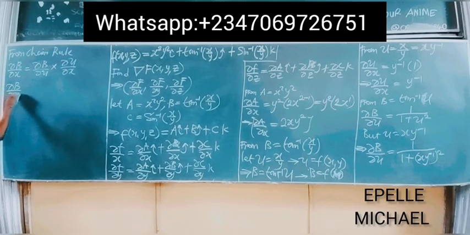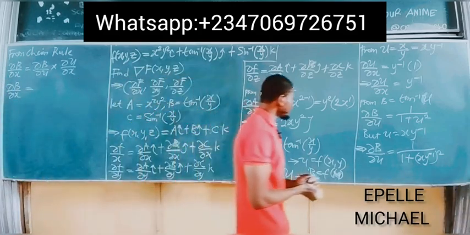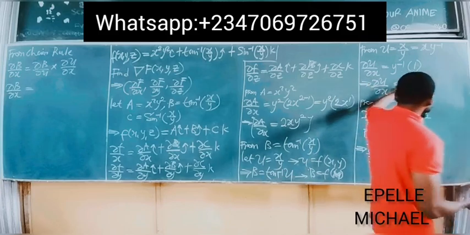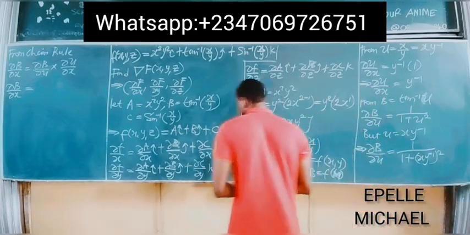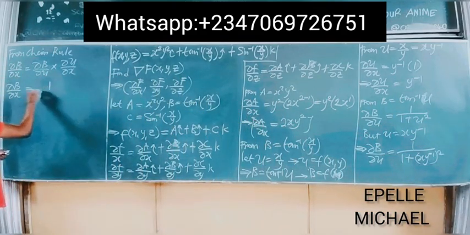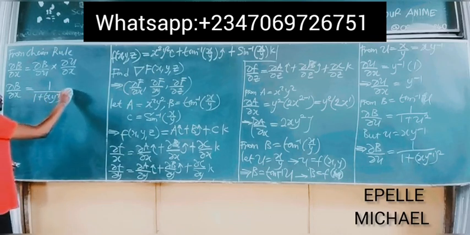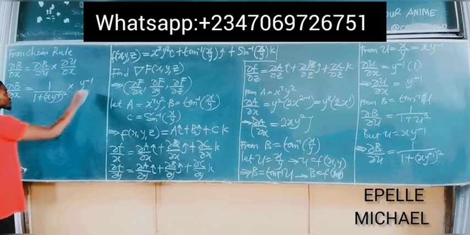Partial b all over partial x is now equal to, let's obtain their values. So we have partial u partial x as y to the power of minus 1, and then partial b partial u as 1 all over this. Partial b partial u gave us 1 all over 1 plus x y to the power of minus 1 all squared, multiplied by partial u partial x, which gave us y to the power of minus 1.